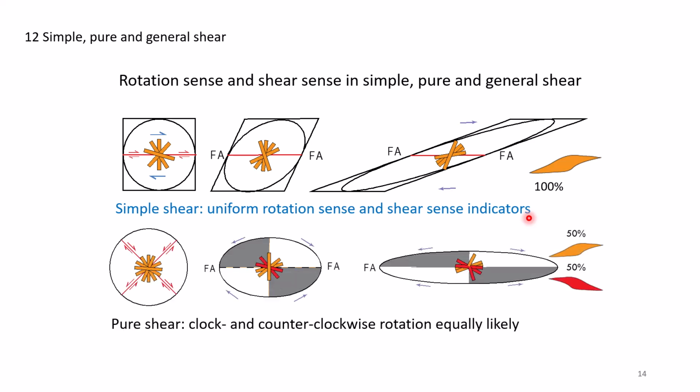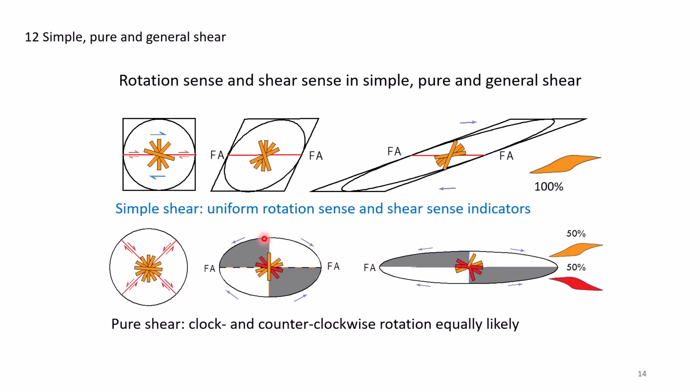This is not so in pure shear. If we go back to our example from pure shear, where we accumulate progressive strain by vertical shortening and lateral stretching, our randomly oriented strain markers would rotate equally in clockwise and anti-clockwise orientation, depending on their orientation at the beginning of deformation.